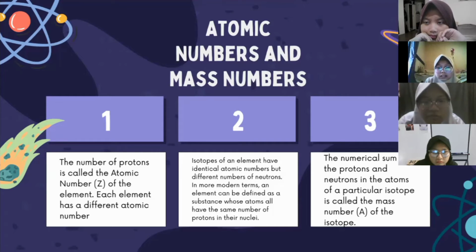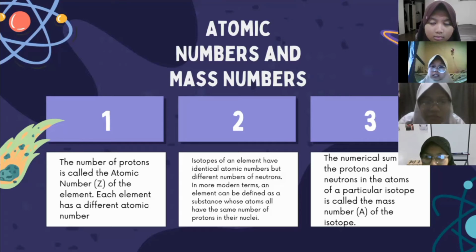Isotopes can have the same number of protons, right? And we can have the isotope. How about writing the Z and A, the atomic number and the mass number, for the atom?